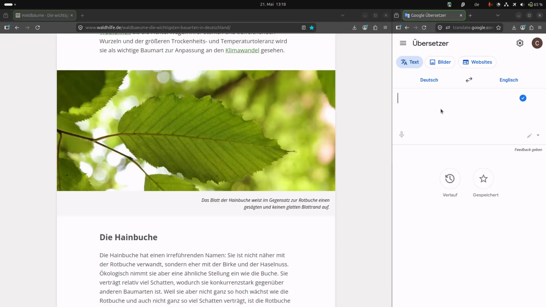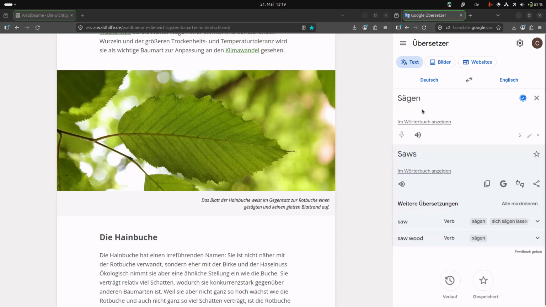Einen gesägten, here we again have the word Säge, which I also showed a minute ago. So, gesägt derives from the word Säge, or sägen.